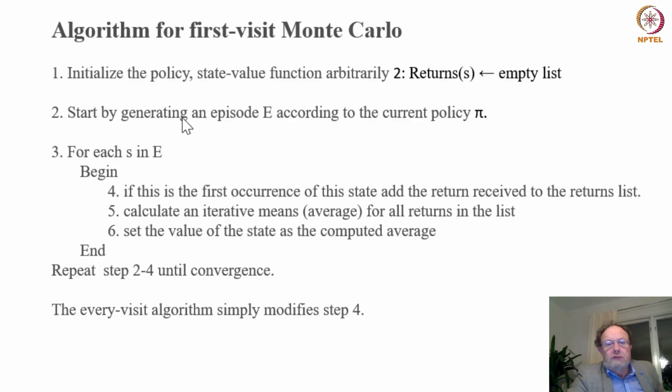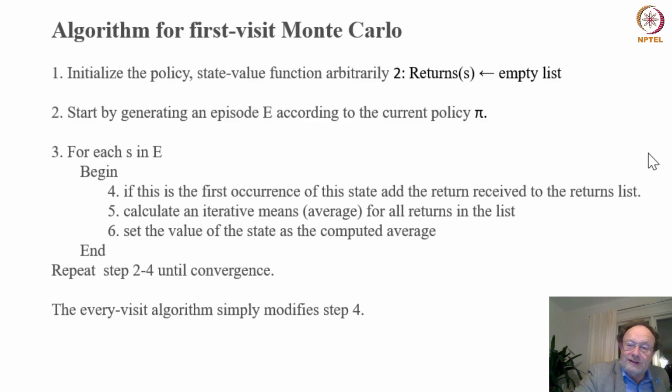For the rest, the general idea of the algorithm is that you generate episodes using the current policy π, and for each generated episode, you go through the episode, and for each state, you conditionally add a return item to the returns list.